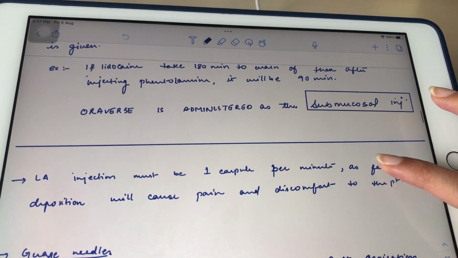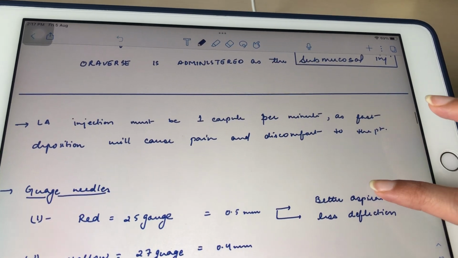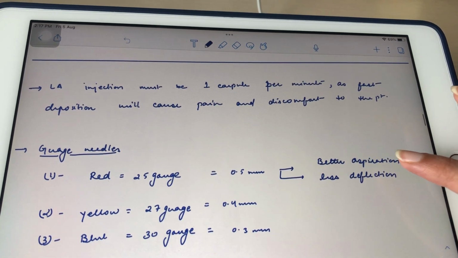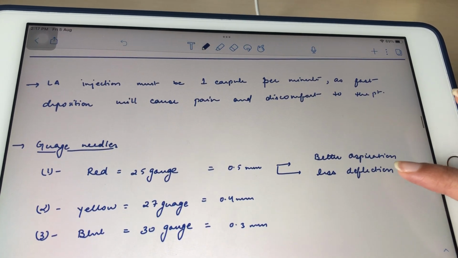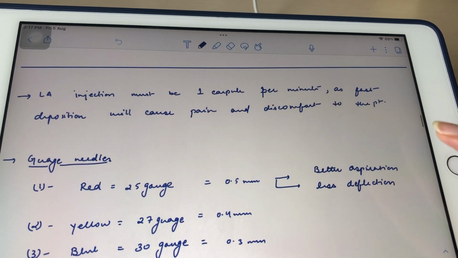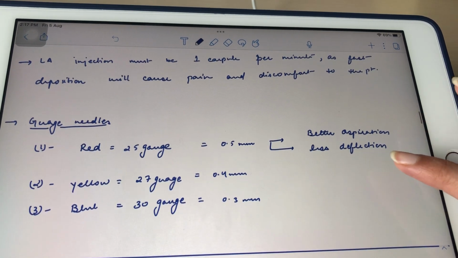Oraverse is administered as a submucosal injection. Local anesthesia injection must be 1 carpule per minute as fast deposition will cause pain and discomfort to the patient.